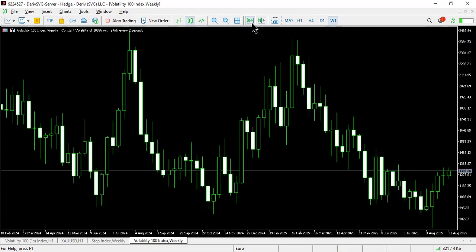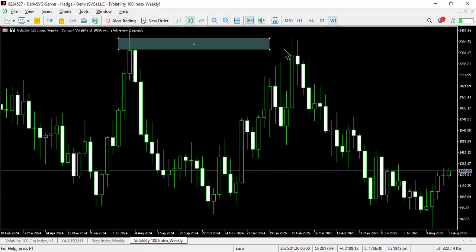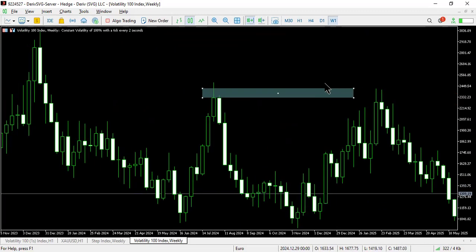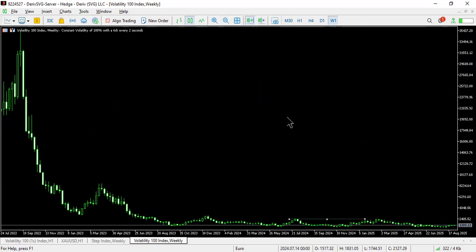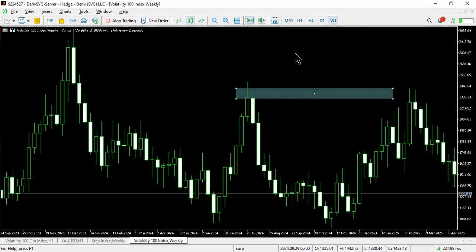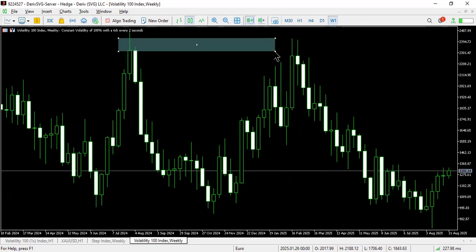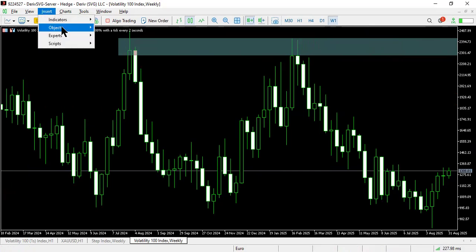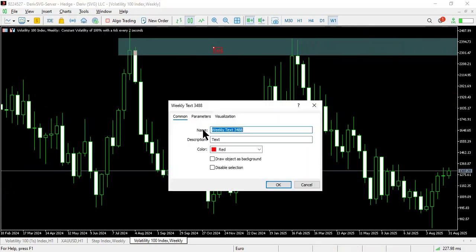Always start on the weekly time frame. Do a top-down analysis from the weekly. You mark your supply and the demand zones. So that is our supply zone.